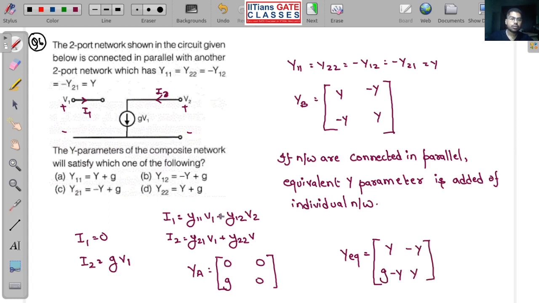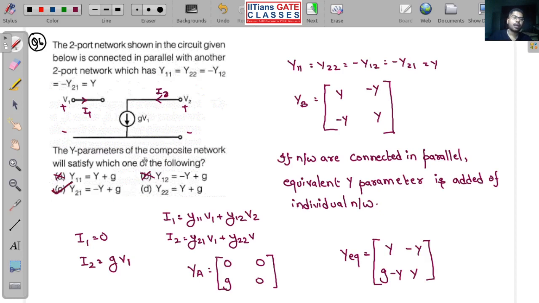They have asked: the Y parameter of the composite network will satisfy which one of the following? You can see y11 of the equivalent is y, so option A is not satisfying. Option B is also not satisfying because you can see y12 is minus y. Y21 is satisfying, minus y plus G. So option C is your correct answer.